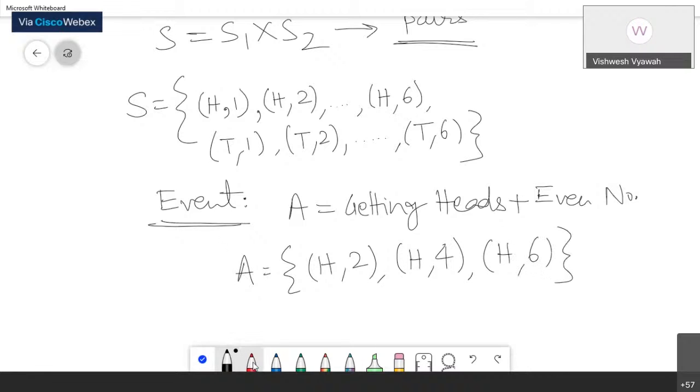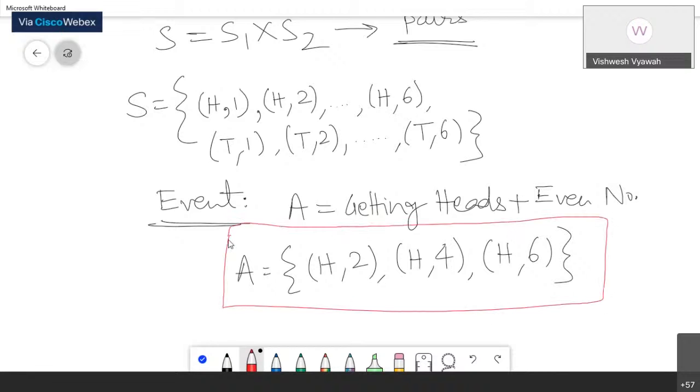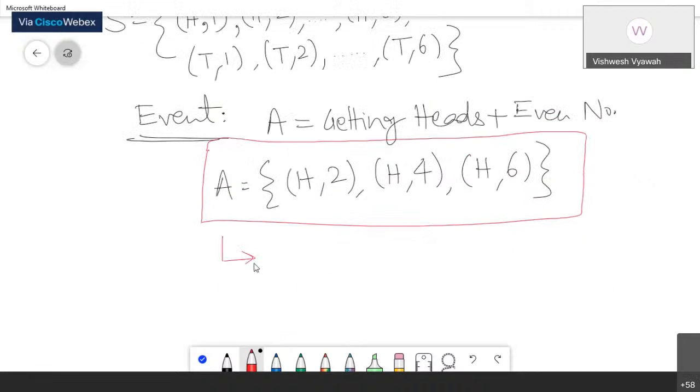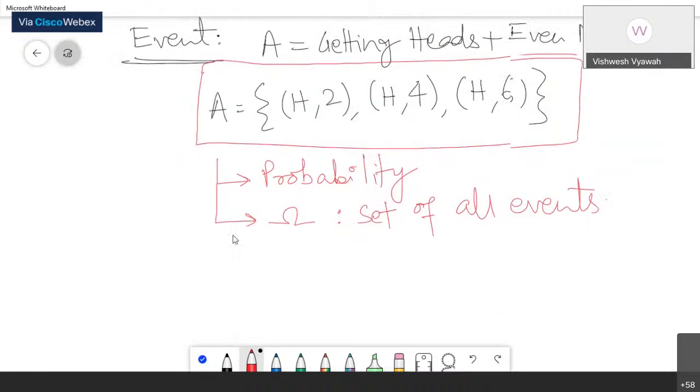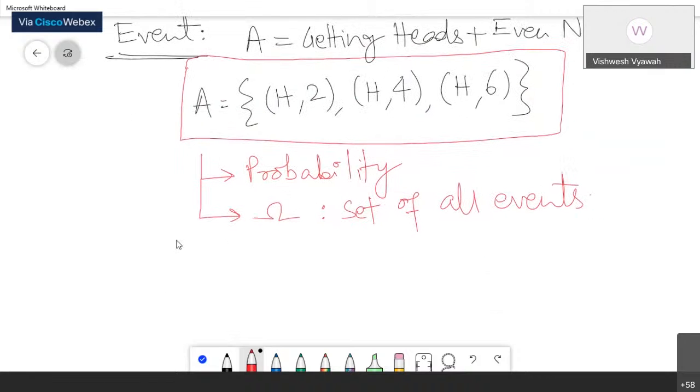So this is how you have your event defined. This is a combined sample space. For this also you can find probability. Just think about how its sigma will look like. What is sigma? Set of all events. Just imagine that.